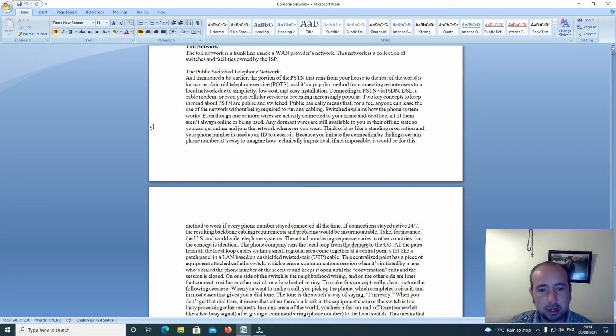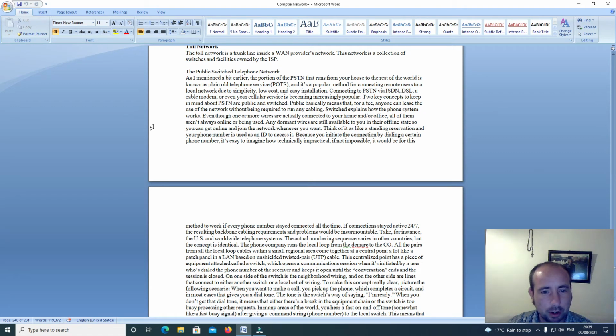The two key concepts to keep in mind about the PSTN are public and switched. Public basically means that for a fee anyone can lease the use of the network without being required to run any cabling. Switched explains how the phone system works.